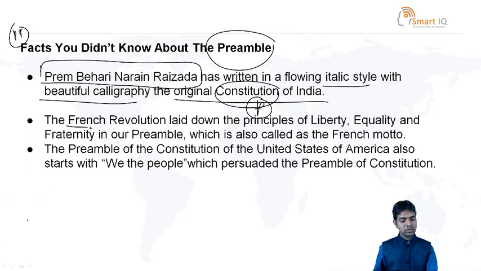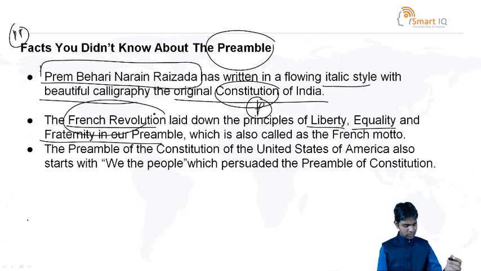The French Revolution laid down the foundations of the principles of liberty, equality and fraternity of the preamble. Means these ideas like liberty, equality, fraternity are taken from the French Revolution.